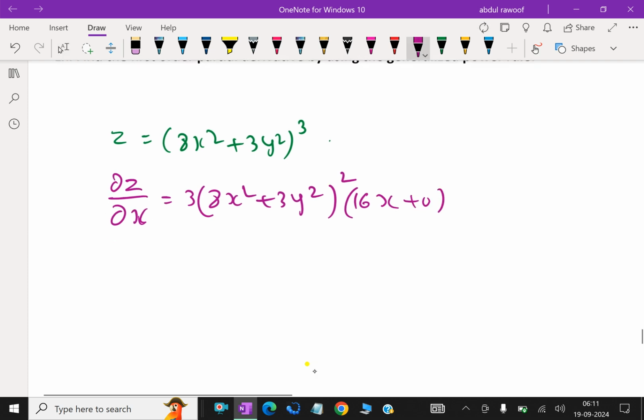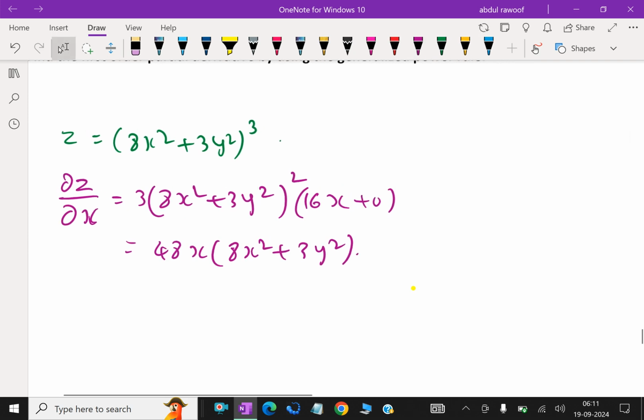So which is equal 3 into 16 is 48x into 8x squared plus 3y squared. That means 16x is multiplied with 3 is 48x into this one. Here, this is dou z by dou x.